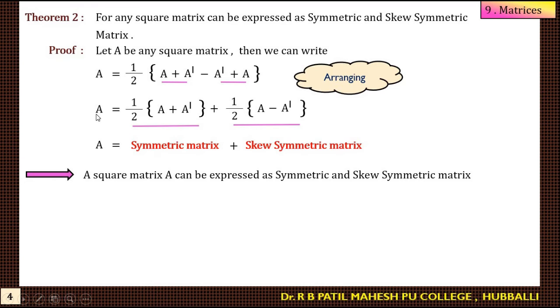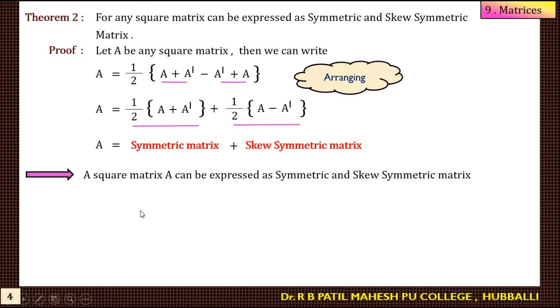That means you may be asked separately what is the symmetric part of the given matrix A. A matrix is given, what is its symmetric part? That means you have to operate half into A plus A dash. Or you may get in the examination, what is the skew symmetric part of the given matrix A? That means you have to operate half into A minus A dash, this only.